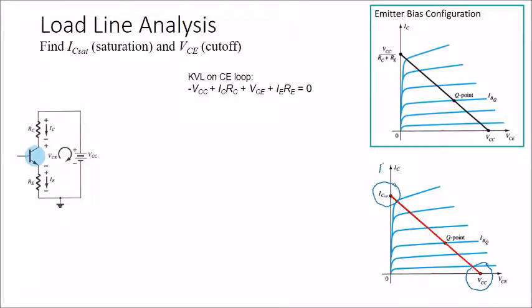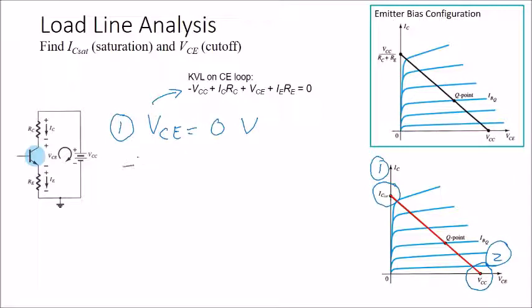To find the first point, we have to substitute the value of VCE equal to 0 volts into the KVL equation.